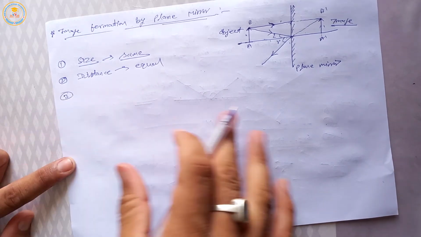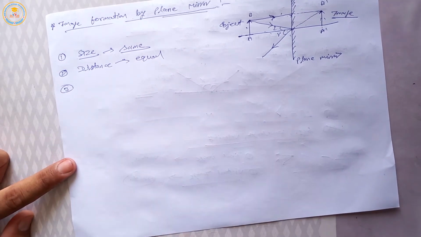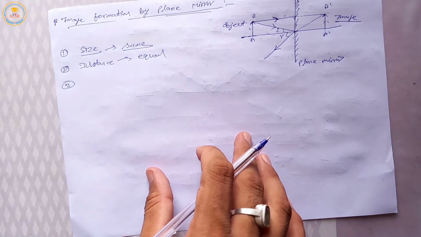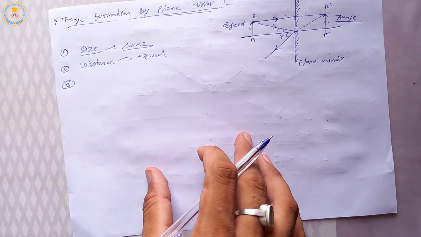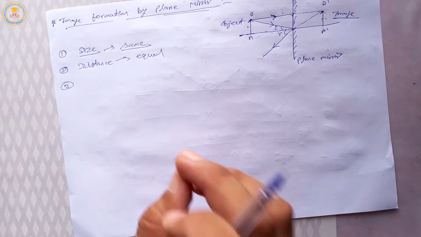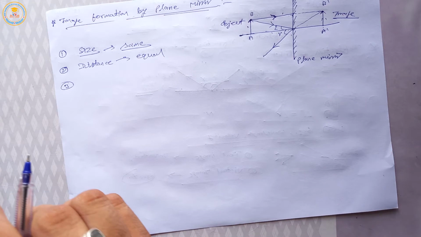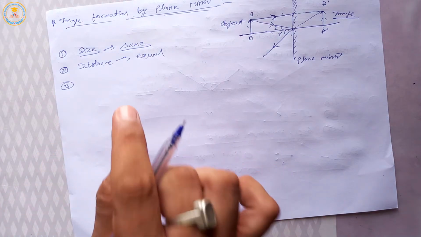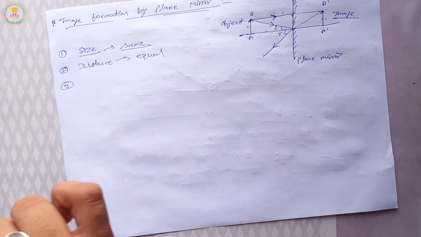Third point, to get the image of the same size of the object, for this the length of the mirror should be half of the length of the object.